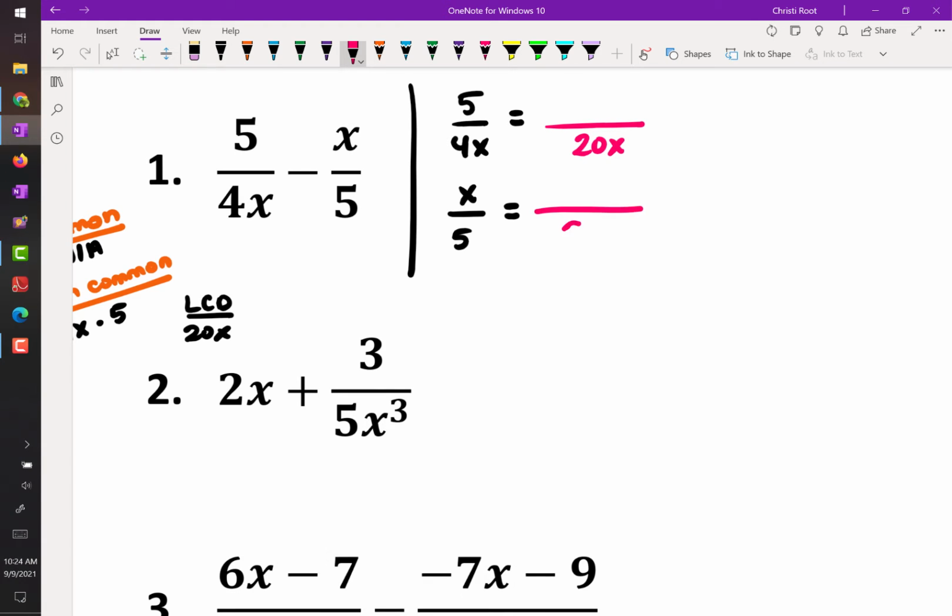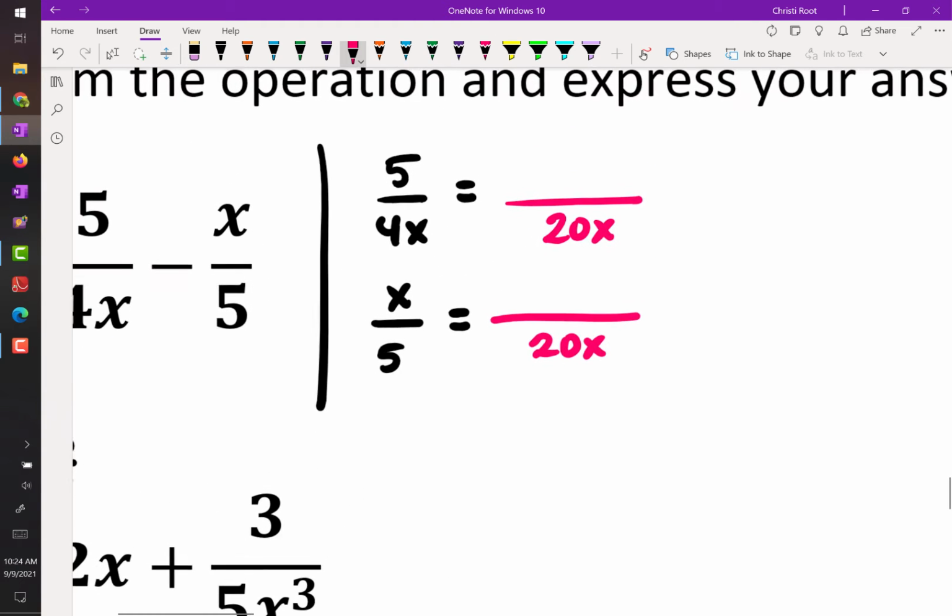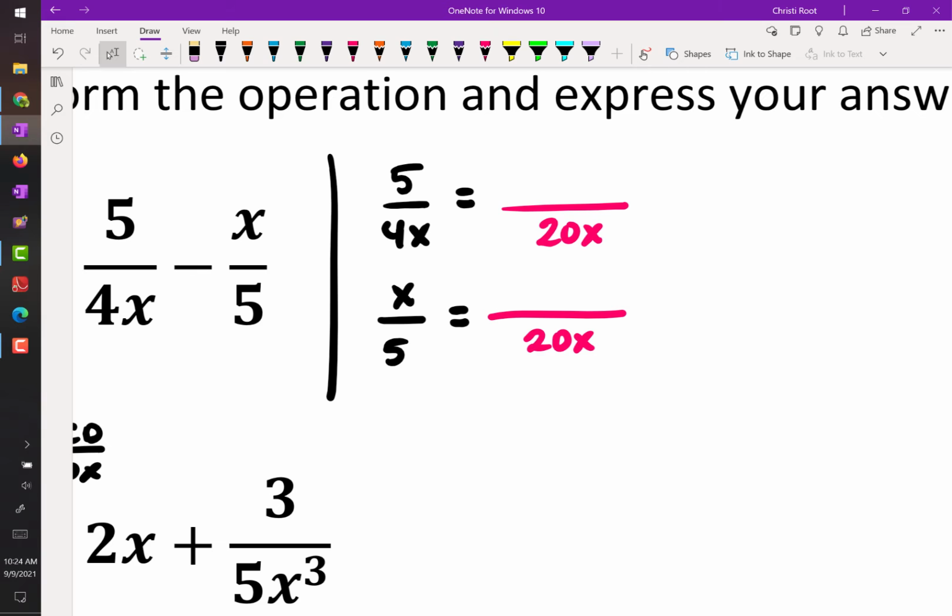And I want this one to also be 20x. So what we need to do is figure out what each fraction needs to write the equivalent fraction. So it looks like I already have an x here, but the 4 needs to become a 20. So I would multiply that by 5, correct? So what I do to the denominator, I also need to do to the numerator. So I'm going to multiply the top by 5.